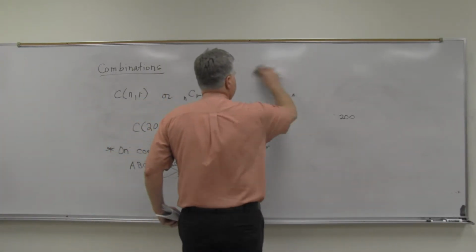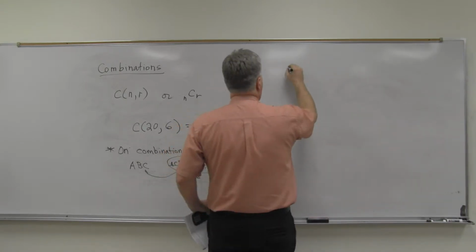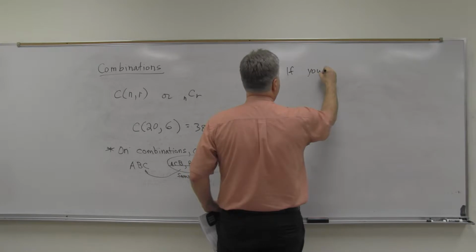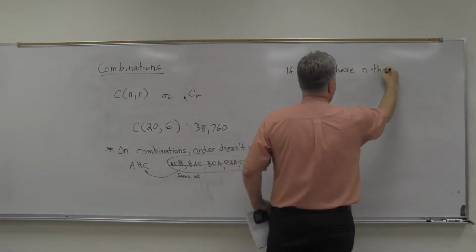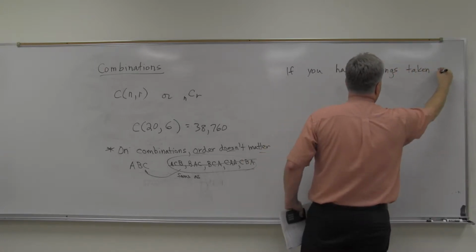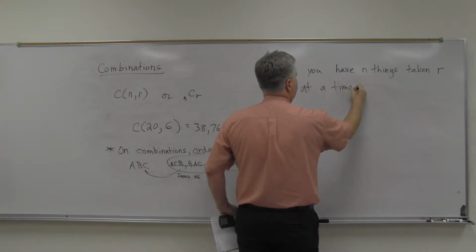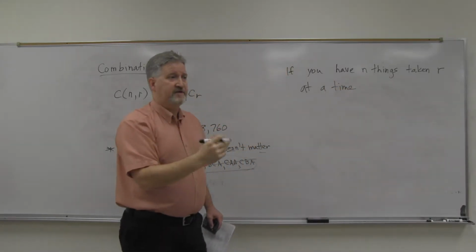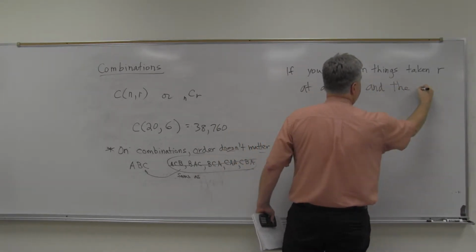So if you have n things taken r at a time, it's basically the same as permutations, except the order doesn't matter.